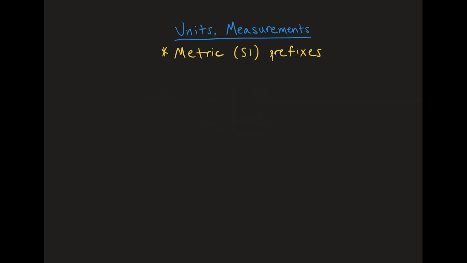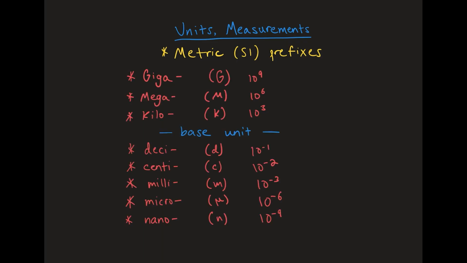Along with the base units, there are also metric prefixes that we use to express very large or very small measurements. For example, say you measure the length of something to be 0.0002 meters. Writing it this way can be a little cumbersome and hard to read. For this reason, we have a system of standardized metric prefixes as well. Here are all of the important metric prefixes.